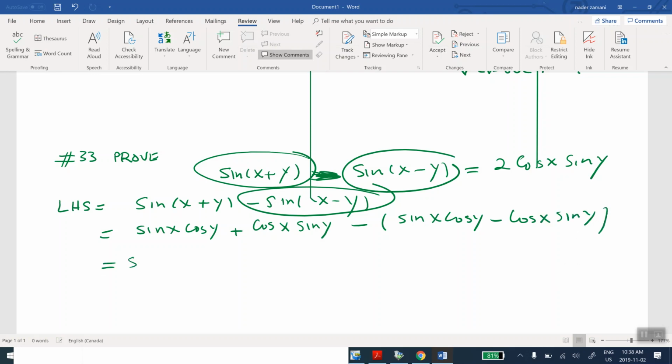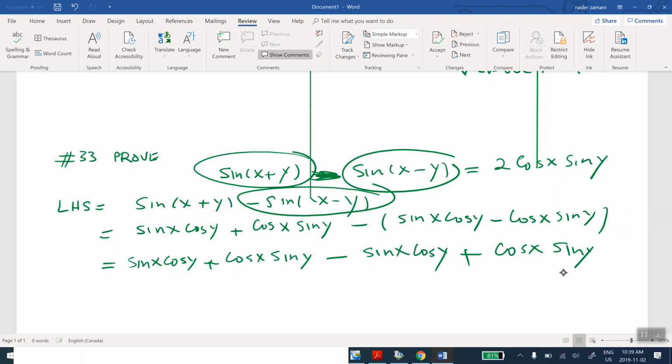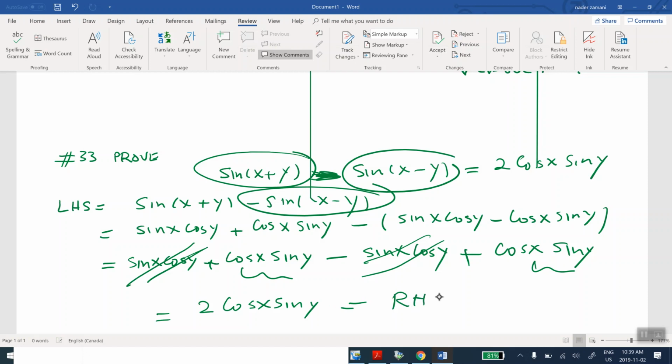Clearing up, sine x cos y plus cos x sine y minus sine x cos y plus cos x sine y. Now the sine x cos y terms cancel out, and there are two cos x sine y terms, so this is 2 cos x sine y, which is exactly your right-hand side, and we have proved it.